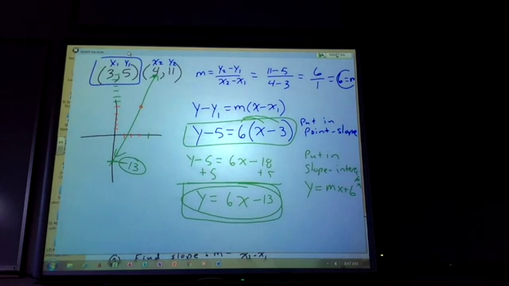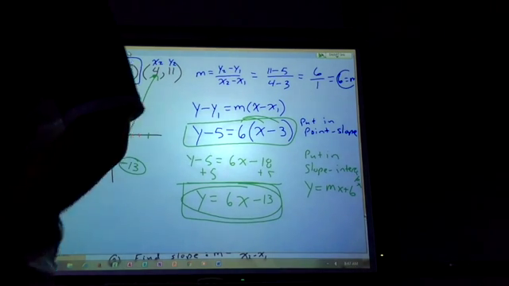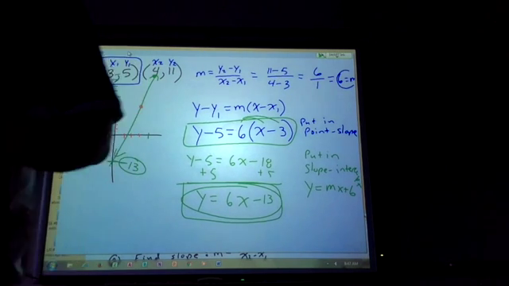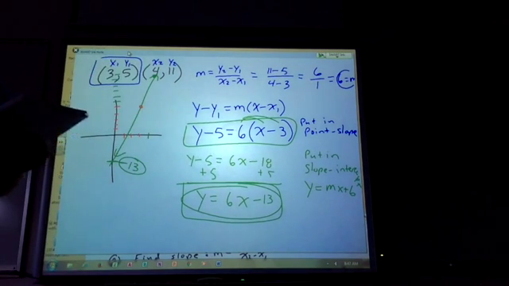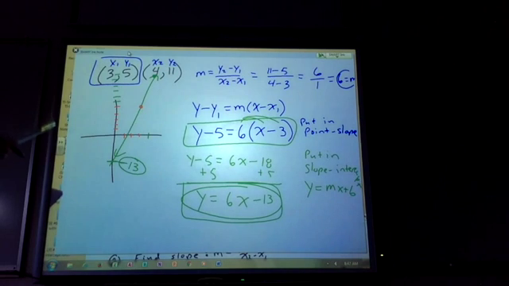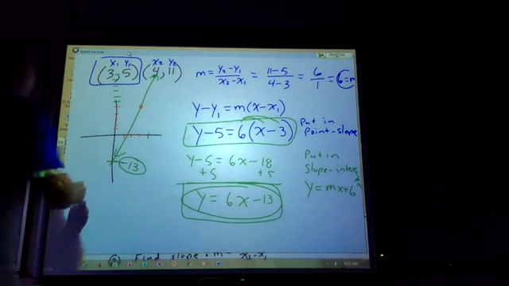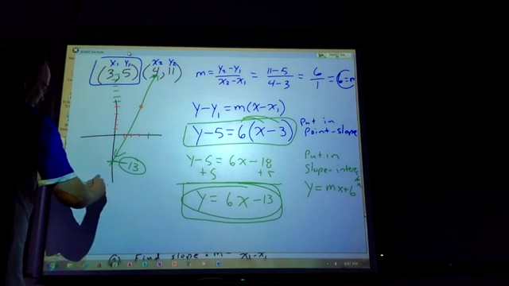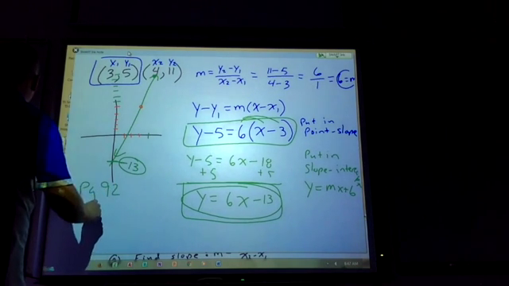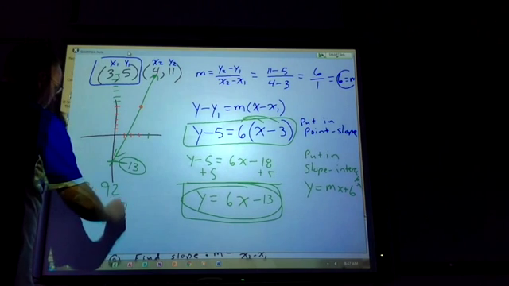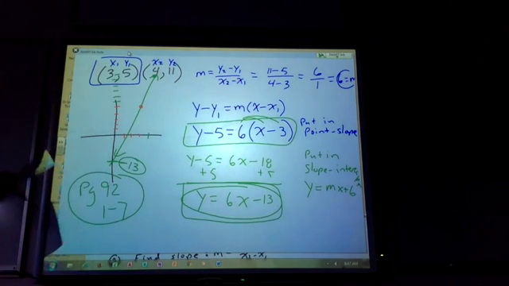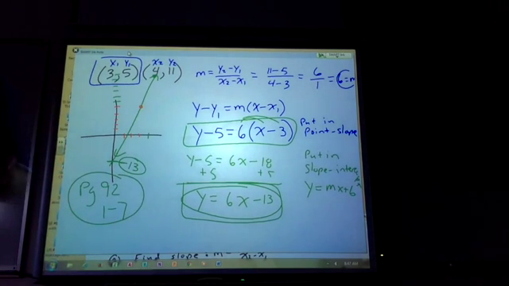I don't think you're going to come across any today that are going to say put it in standard form. But I think what I would like you to work on between now and Monday, can I give you 7 problems? No. Okay, I'll give you 10 then. Now, page 92, I think if you do 1 through 7, you should be able to handle that and go through it.